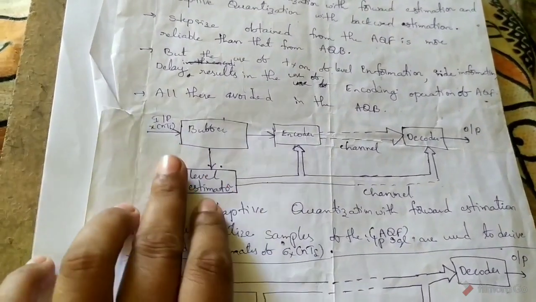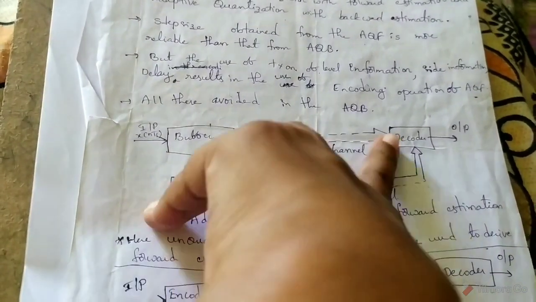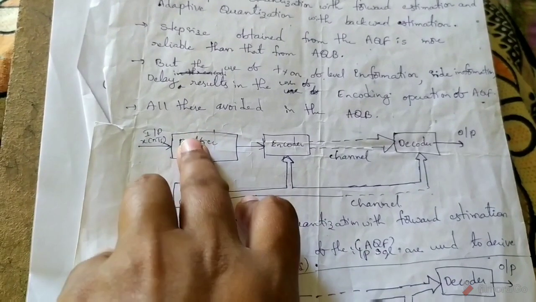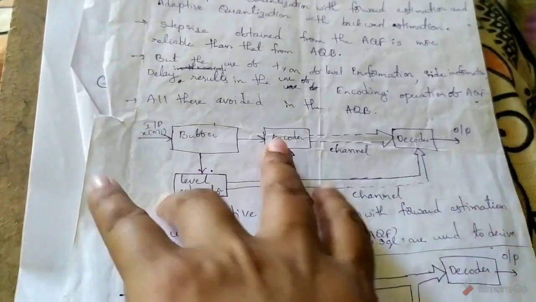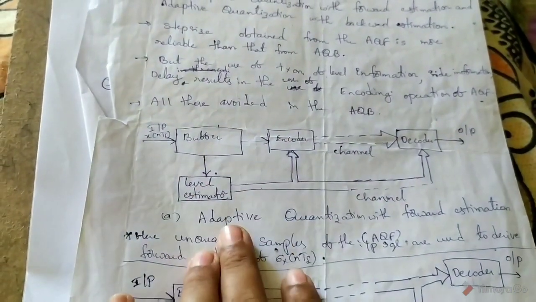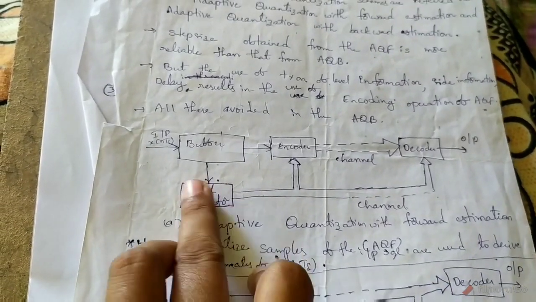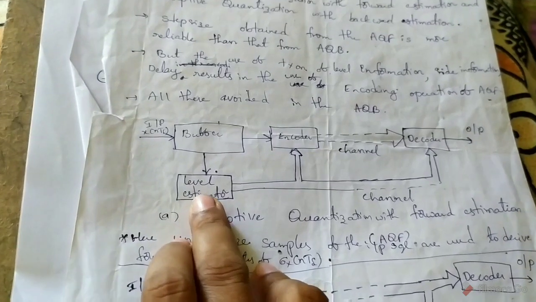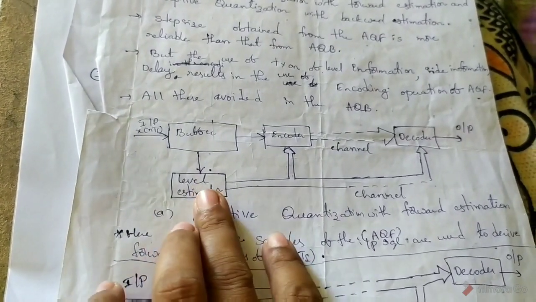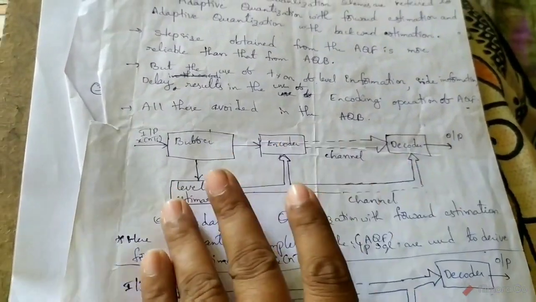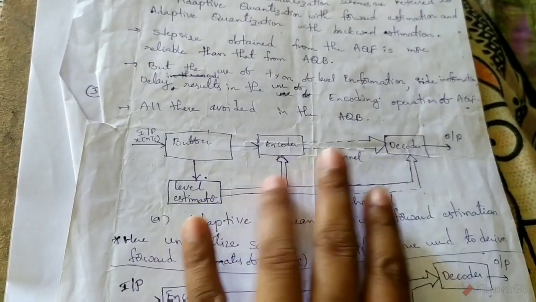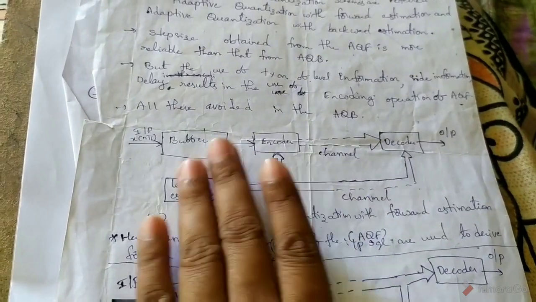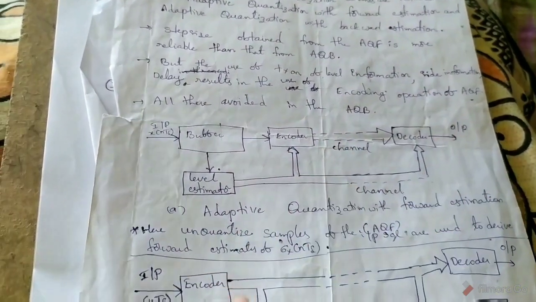See here: input, buffer, encoder, decoder, channel, level estimator. The buffer will store the data. Encoder you know, decoder you know, channel, level estimator. With the help of the level estimator, we can take the data directly to the encoder and decoder, and we will get the output easily.